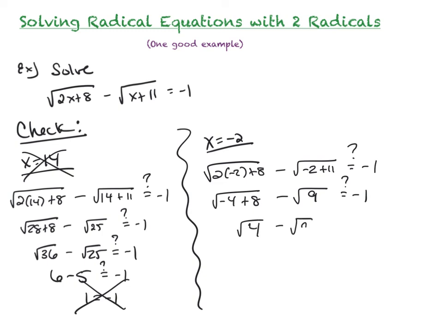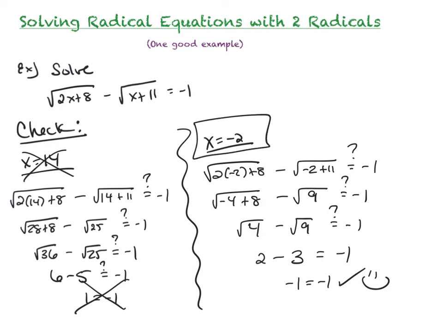And the square root of 4 is 2, minus the square root of 9, which is 3. You know what? 2 minus 3, it is -1. Sweet. So x equals -2 is our only answer.